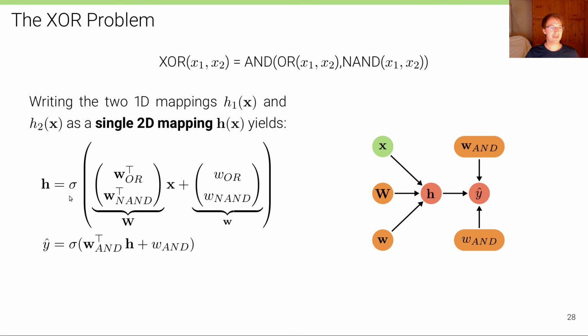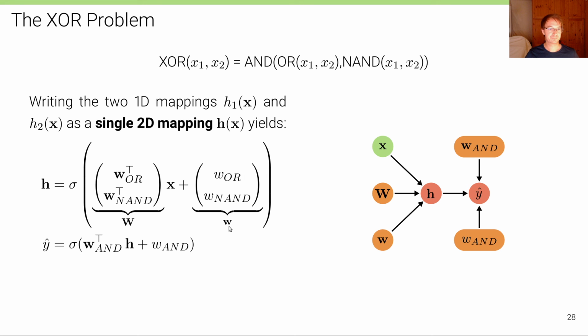So we can rewrite the two 1D mappings, H1 and H2, as a single 2D mapping bold H by stacking the W vectors for the OR and the NAND operation and multiplying with the X. So this is now a matrix bold W. And also by stacking the scalar biases for OR and NAND into a vector.